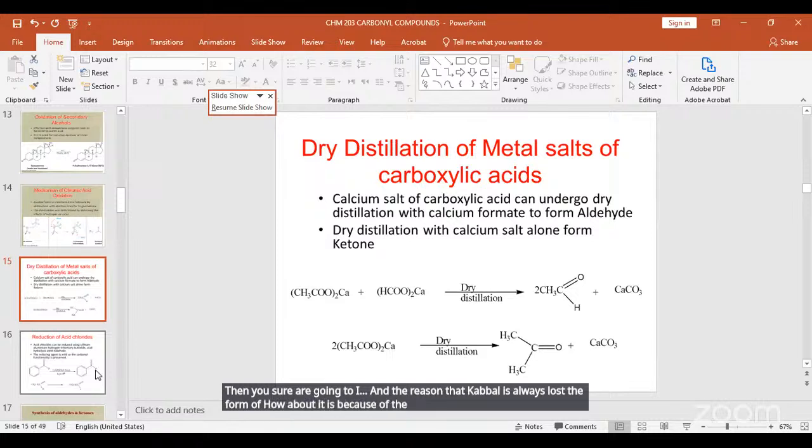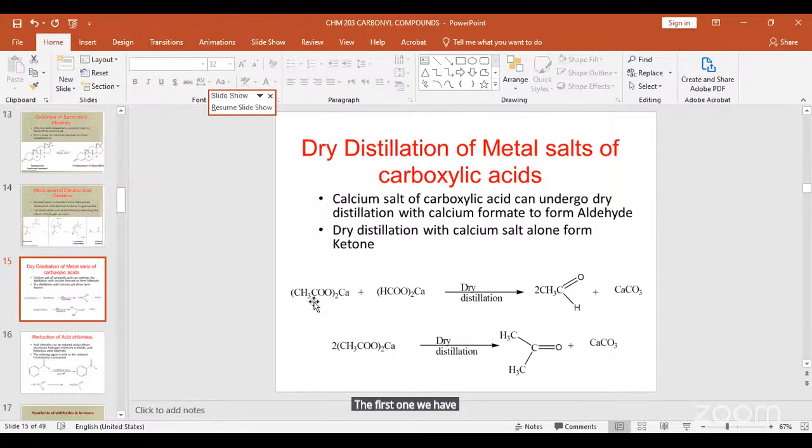If you look at the first one, we have CH3COO and COO, so it means that we have 3 carbon atoms involved in the reaction with calcium. At the end of the day, you're going to lose one of them, and you have the 2-carbon chain remaining, which is ethanal.